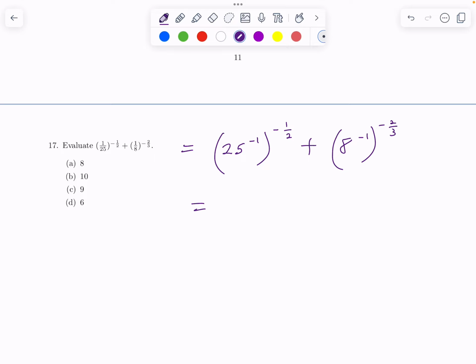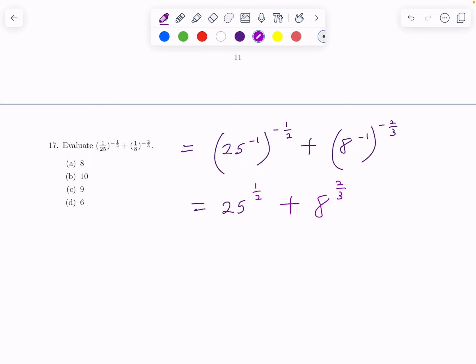This power here and this power here can multiply. Similarly, this power here and this power here can multiply. So I'm going to have 25 to the power of 1 over 2 plus 8 to the power of 2 over 3.